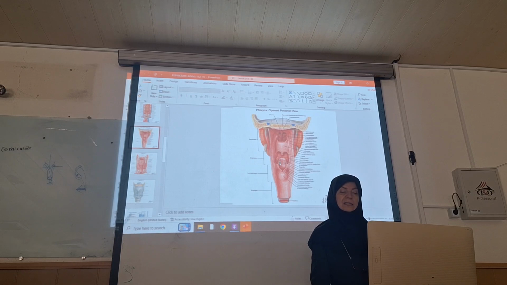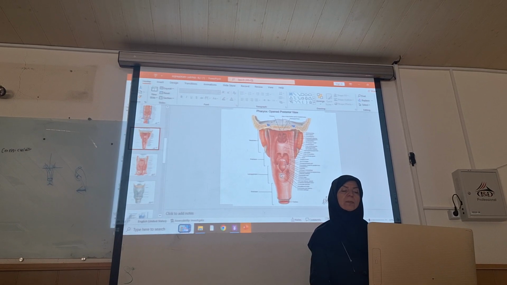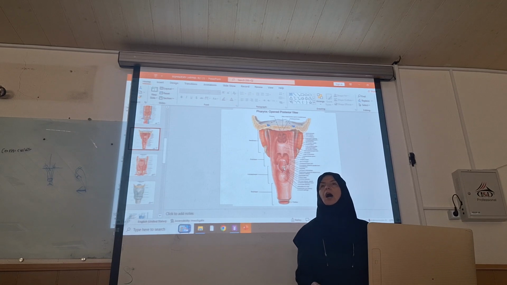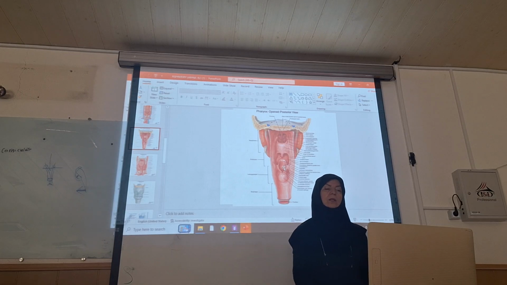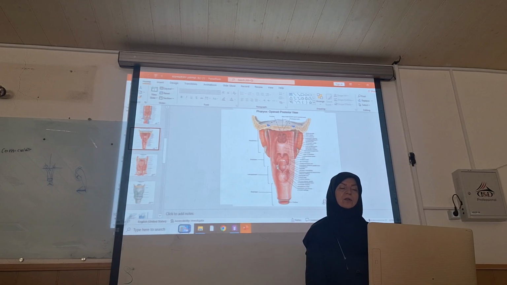Now, look at this fold. Here is the epiglottis, and here is the apex of the arytenoid. We call this fold the aryepiglottic fold. The aryepiglottic folds on both sides show the lateral boundary of the inlet of the larynx.